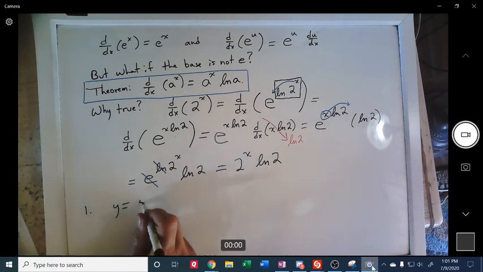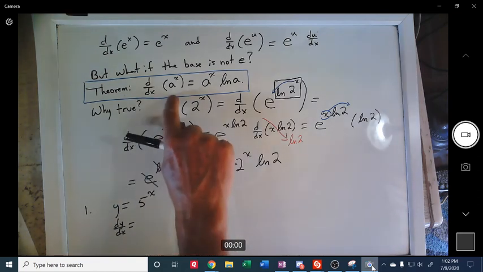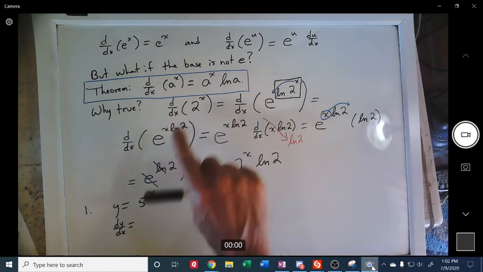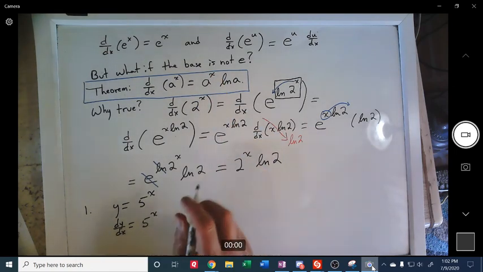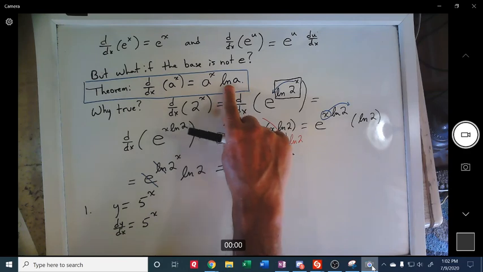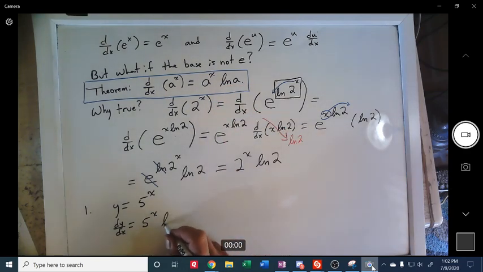Y is equal to 5 to the x. dy dx is equal to, well, according to this theorem, a to the x. The derivative is still a to the x. And then I have the penalty factor, ln of whatever the base was, because it's supposed to have a base of e. If it doesn't have a base of e, it has this penalty factor tagged on at the end.